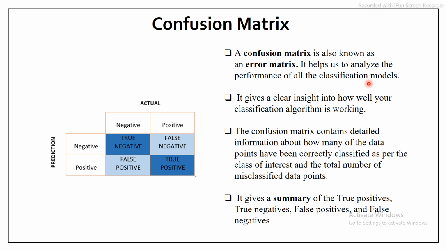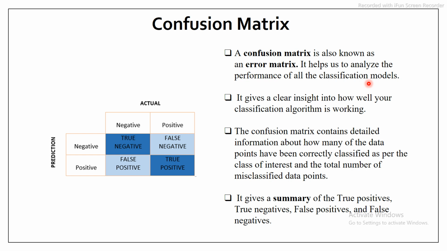It gives clear insights into how well your classification algorithm is working. Other KPIs and metrics you can derive only from the confusion matrix.